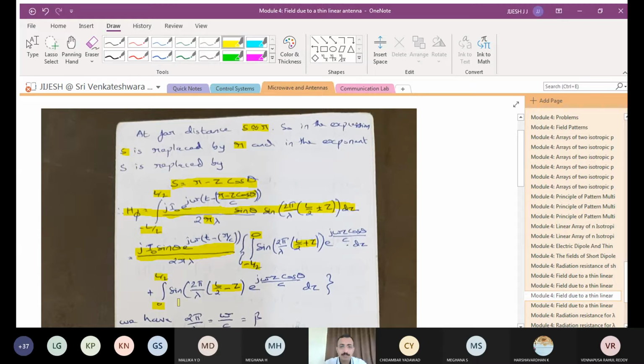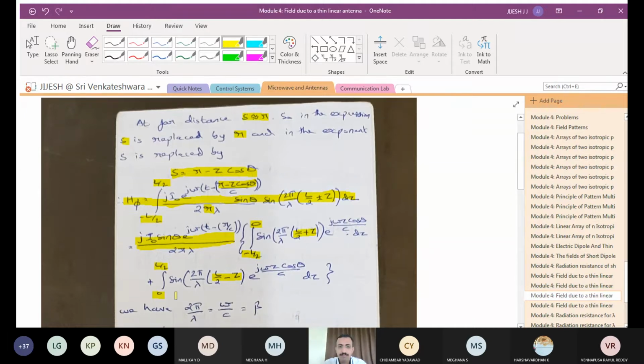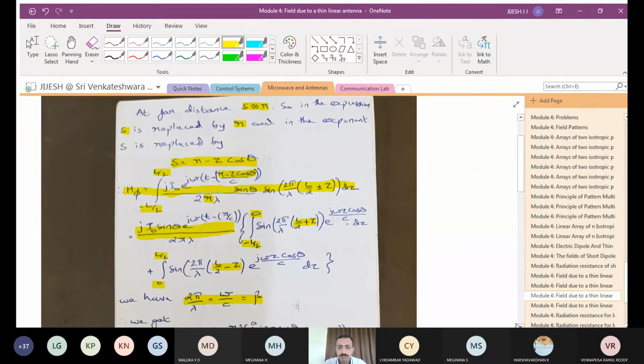So let us proceed further. We have done all these things, and you know that 2 pi by lambda is beta, and it can also be written as omega by c. So wherever 2 pi by lambda is there, let us go ahead with beta, or where it is omega by c, you can also replace it as beta. So we will use that.